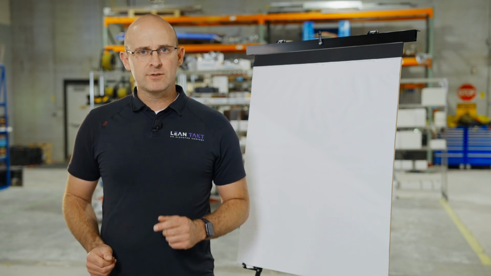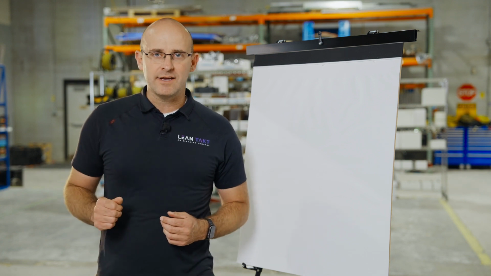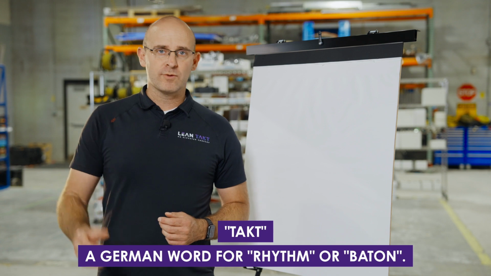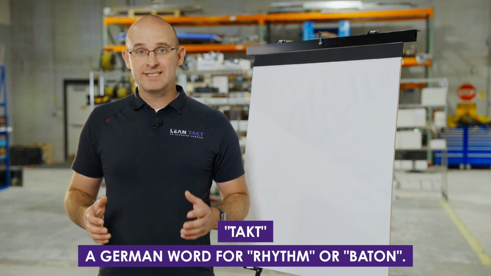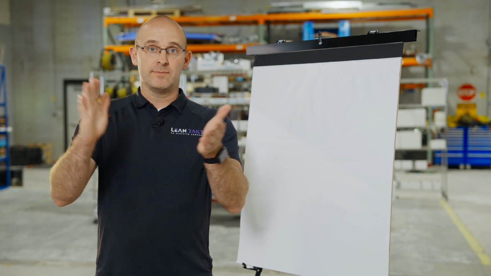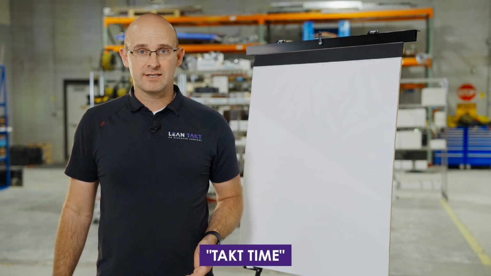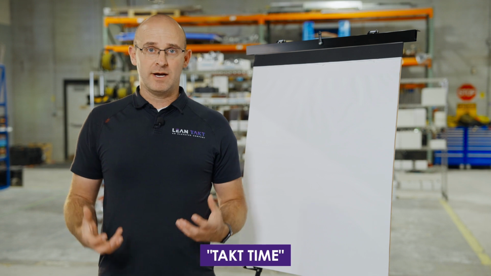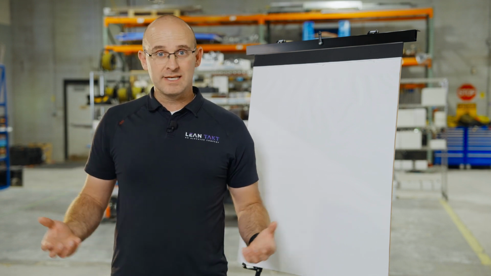So first and foremost, Takt, T-A-K-T, is a German word for rhythm or baton. It really symbolizes that you do work on a drum beat or on a rhythm. That's called your takt or your takt time. What we're talking about when we say takt is really this simple.